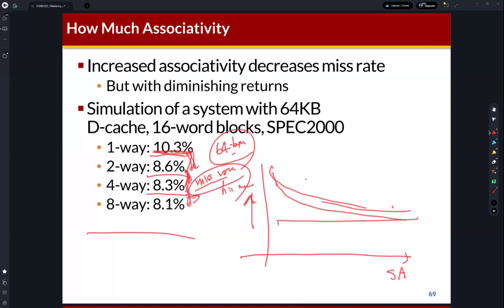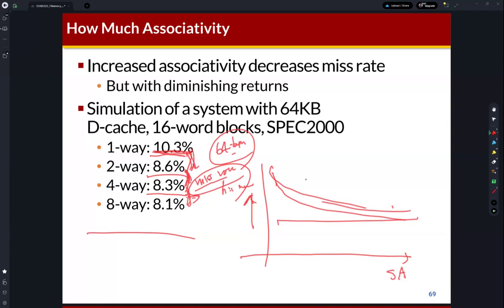And actually we can achieve similar performance. If we use a set associative cache of 8-way or 16-way, then the performance of this cache can be similar to the fully associative cache.